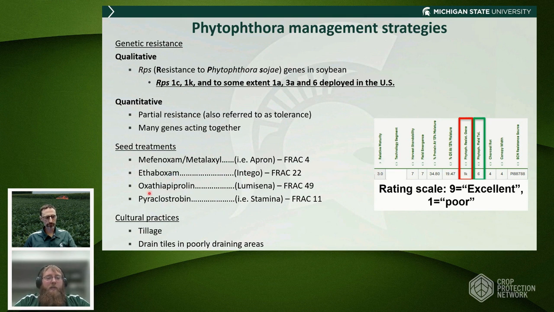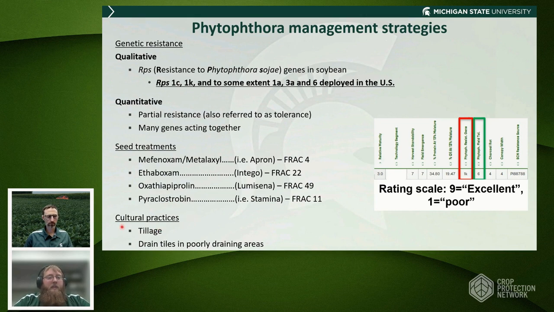Our newest compound to control Phytophthora sojae is oxathiapiprolin, which is found in the Lumisena seed treatment and is FRAC 49. And then there's been some evidence to show that some of the general fungicides, the QoI fungicides like pyraclostrobin, also have efficacy against Phytophthora sojae when used as a seed treatment.